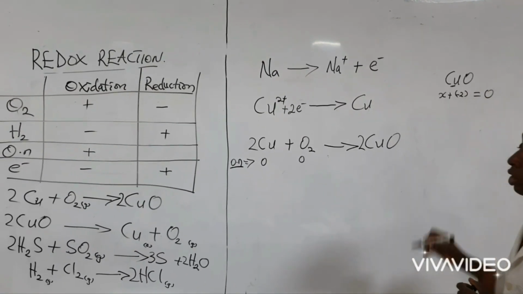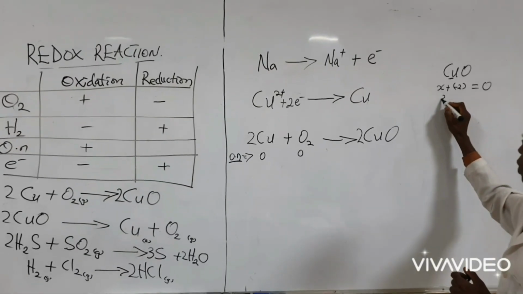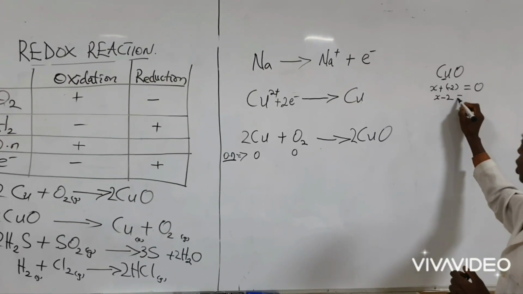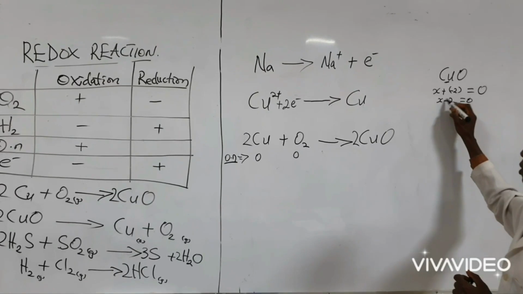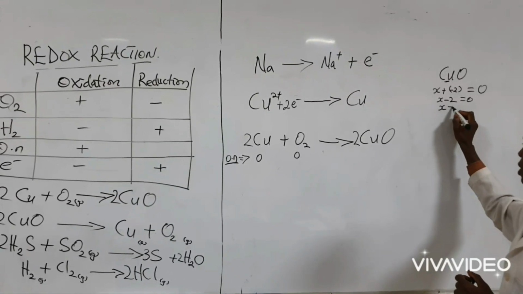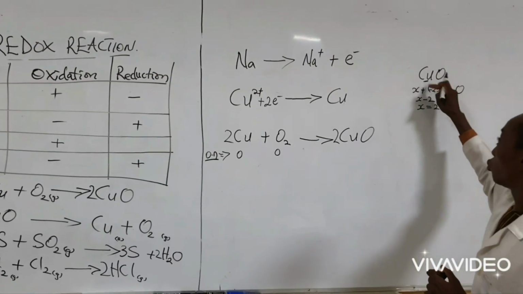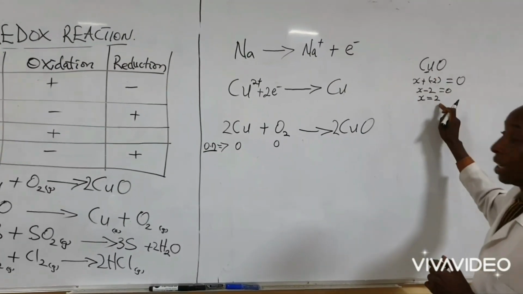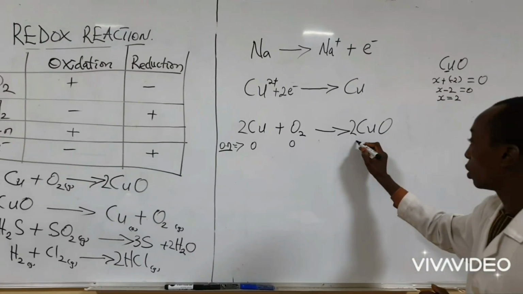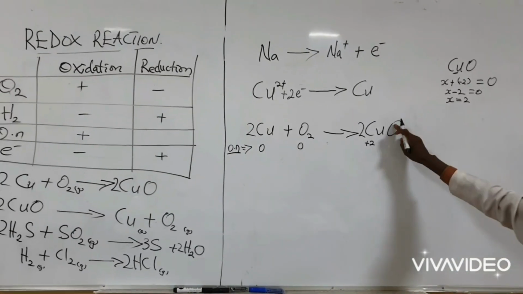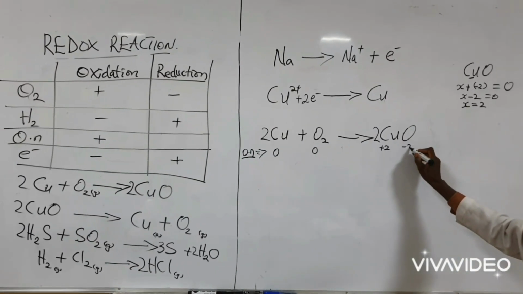That is the valence of oxygen there. Doing this very well, we have X minus 2 is equal to 0. And from our mathematics, X is equal to 2. And that is why this is called copper 2 oxide. The oxidation state of copper here is 2. Therefore, this is plus 2. Oxidation state of oxygen is -2.